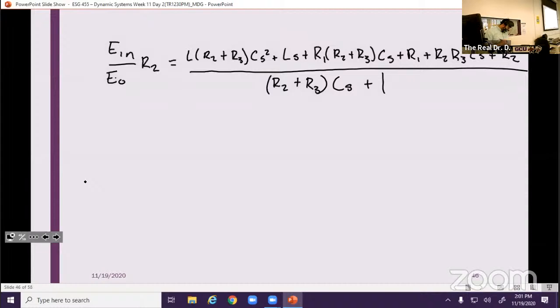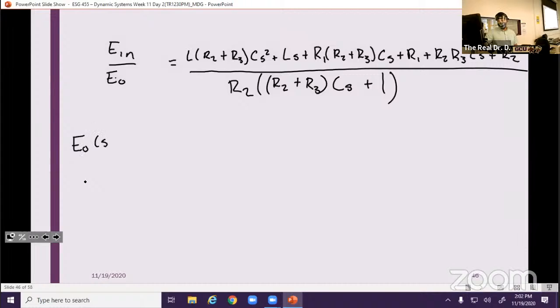Okay. So I have to divide everything by R2. So instead of making more work for myself here, I'm just gonna go ahead and do that. And that's done. Except that it's not done because I have E in over E out, so we gotta flip this, right?